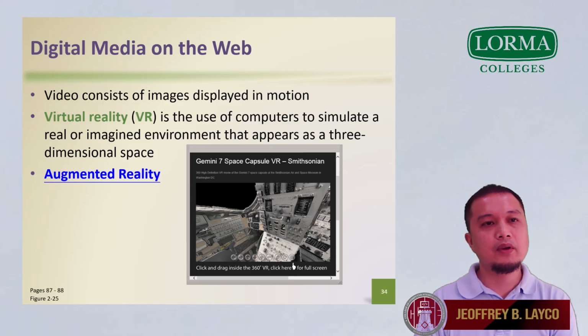Video files are often compressed because they are quite large, and video posted on the web is often short, usually less than 10 minutes, because it can take too long to download these video files.